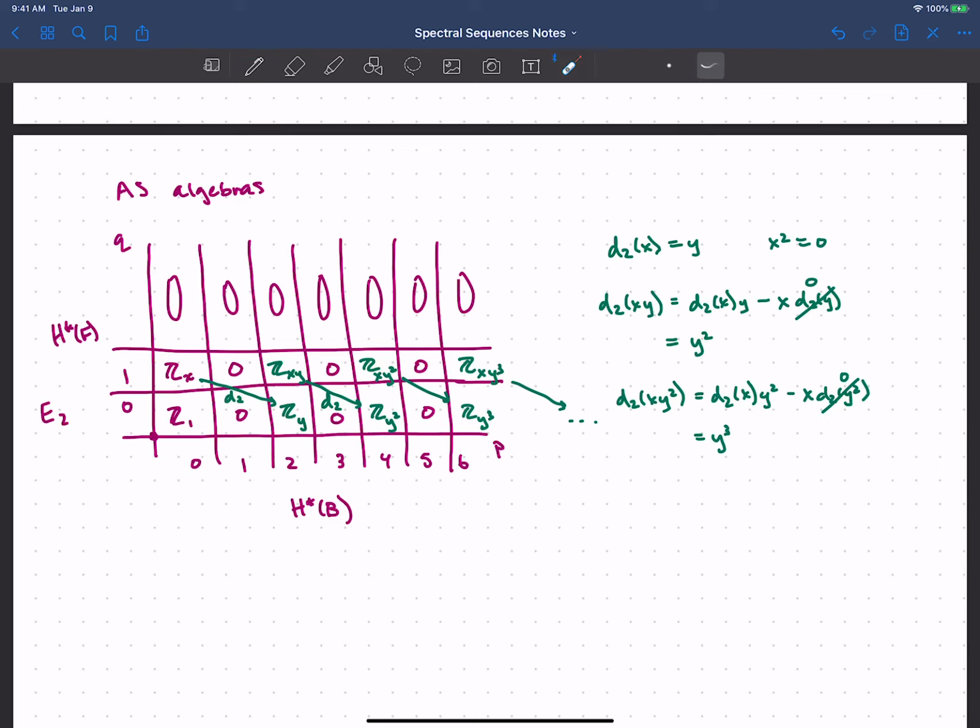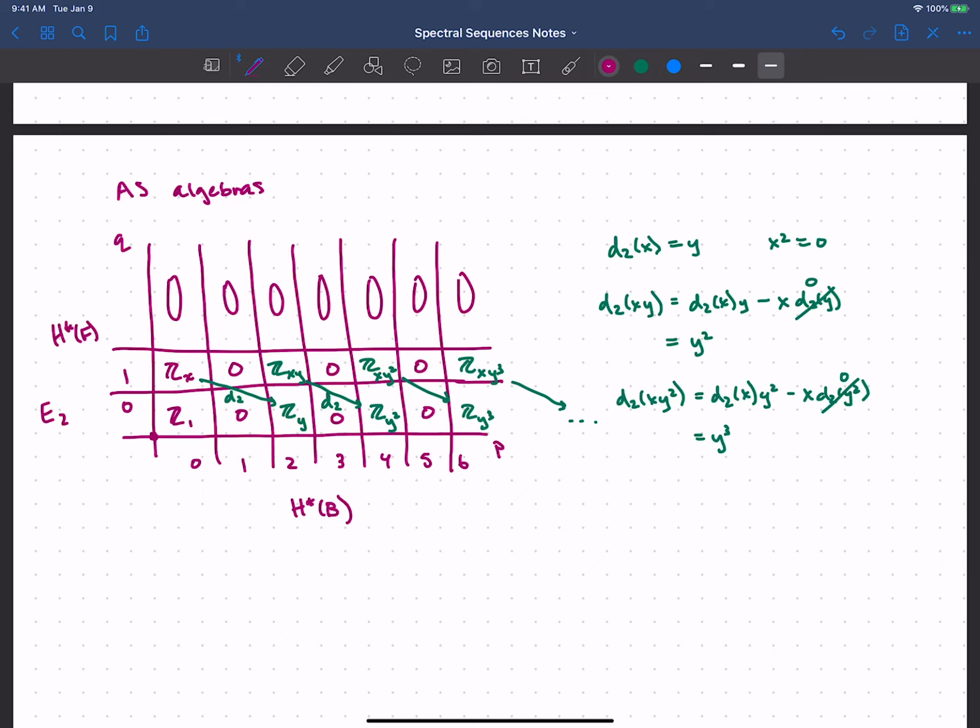Maybe let me actually say it for this one. Got something here. It could only be hit by a differential, a d2 coming from here, or a d3, or a d4, or a d5. Those are all 0. So again, 0.